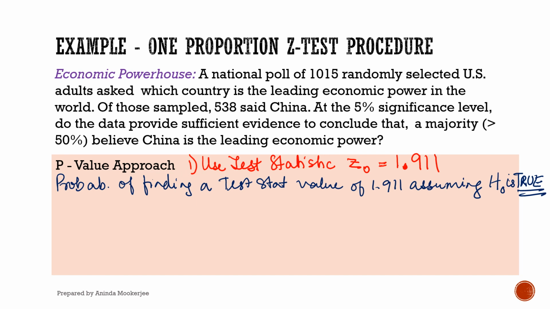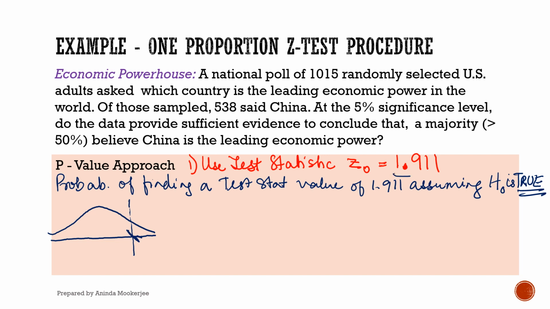Now, let me represent that in a diagram, because you will also need to show it in a diagram on the questions in your assignments and on the tests. We have our Z curve here. This is a right tail test. Again, there's no critical value, and there's no reject or do not reject region to deal with in the p-value approach.